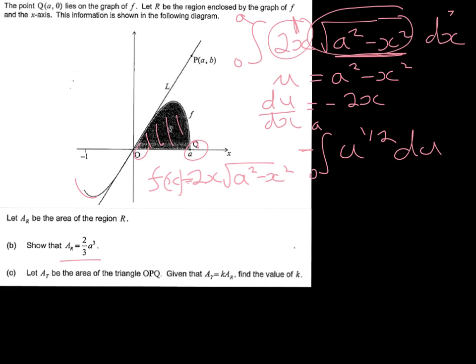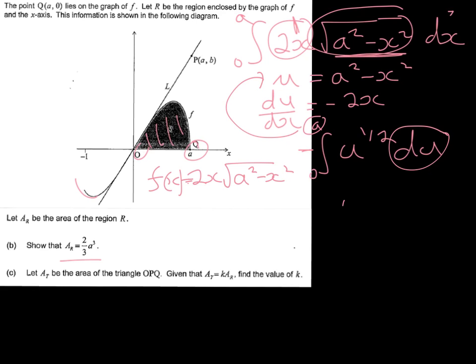and therefore we are also going to need to change the limits. So if we've got a here, because we're integrating with respect to u, we need to substitute a into here. So u is going to equal a² − x². So here our input is a, so this is going to be a² − a².